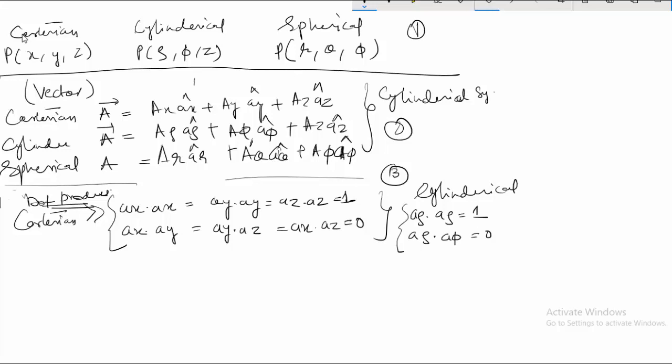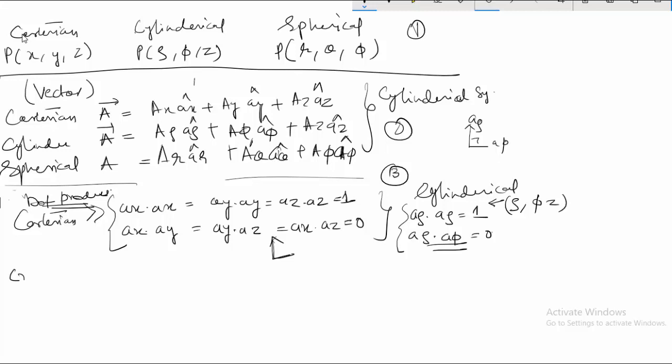And in the same way, if you are taking the other, that is rho, phi and z, the 3 unit vectors, the same will follow. The ones which are at 90 degrees to each other, like a rho and a phi, will always have a dot product equal to 0, because cos 90 is equal to 0.